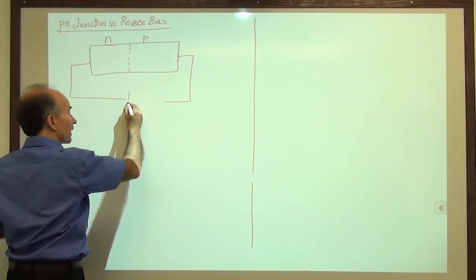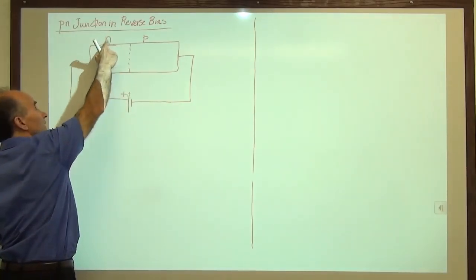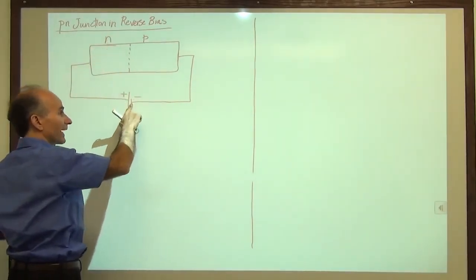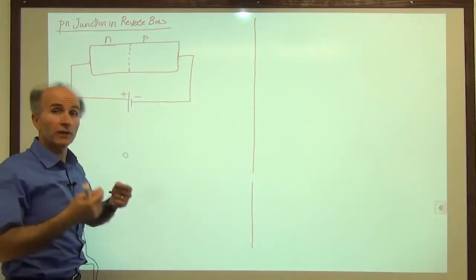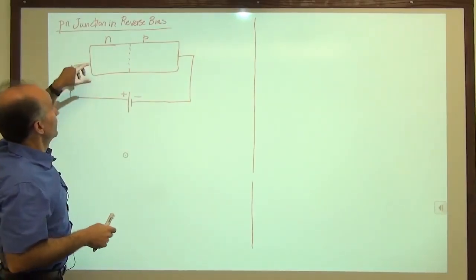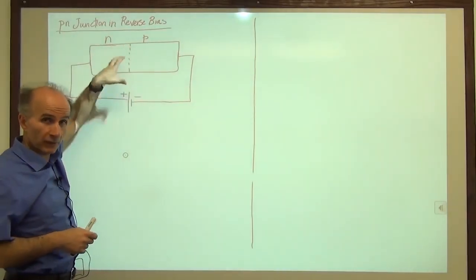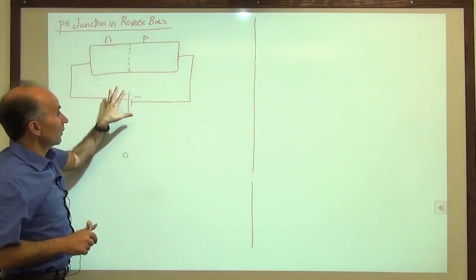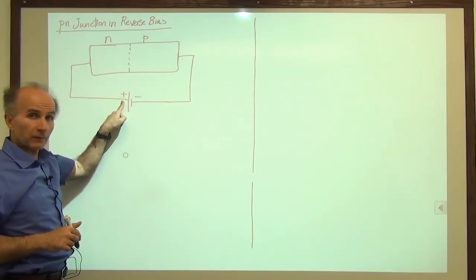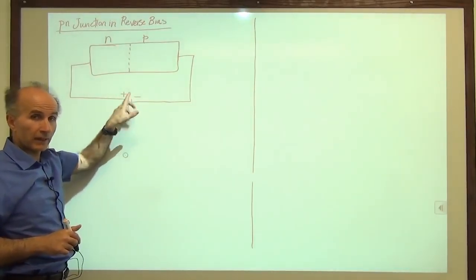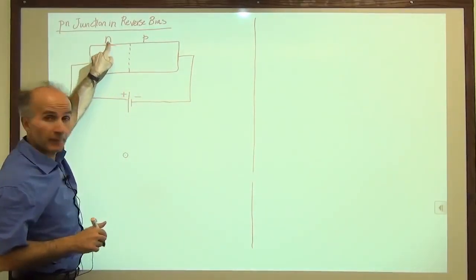Reverse bias means the positive end of the battery goes to the n side, and the negative terminal of the battery goes to the p side. So you can see why we call it reverse bias, because we're trying to apply positive to the n side and negative to the p side. Okay, they oppose each other, so to speak. All right, so this is called reverse bias. If we apply negative here and positive here, then that will not be reverse bias. So we have to be careful about this polarity and this type of material that we have here.